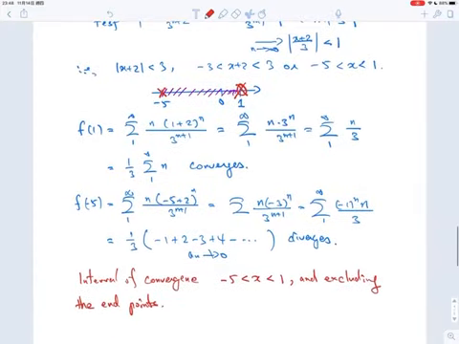Okay, so that's today's material. We look at power series, and we show that for power series, it has a region within which all x that you substitute, the series will converge, and that is called the interval of convergence.